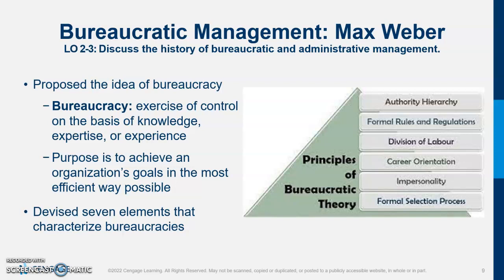So he proposed this concept of bureaucratic management, where the goal is to achieve goals in the most efficient way possible by employing the best and most knowledgeable, the people with the most expertise and the most experience. And then he also came up with these 7 elements that characterize bureaucracies.